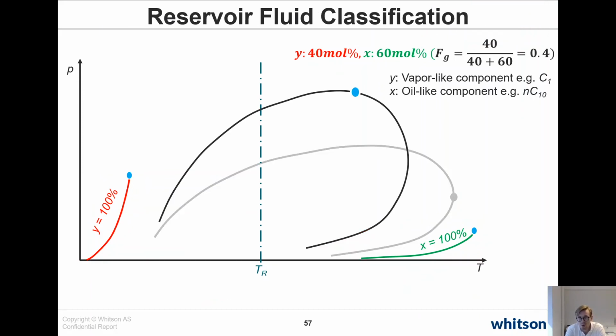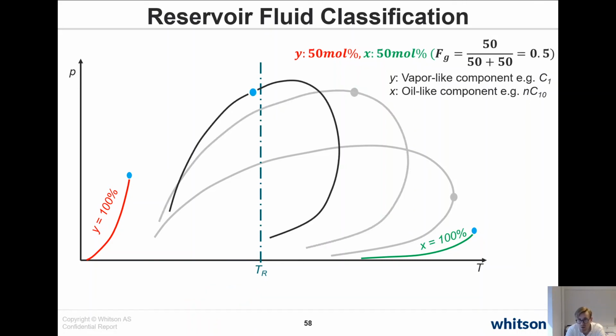If we add a little bit more of the gas-like component, we see that the critical point is moving closer to the reservoir temperature. And that's what we typically define as maybe a volatile oil, where the GOR is between 1,000 to 2,500 scf per barrel.